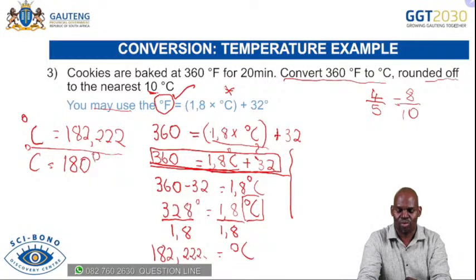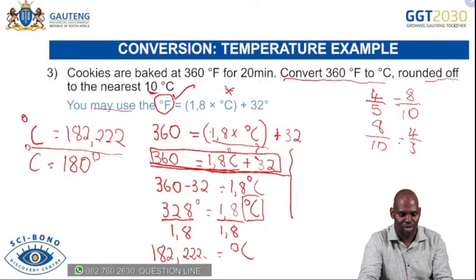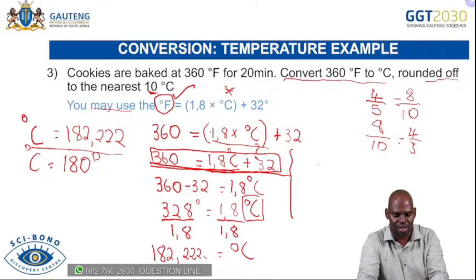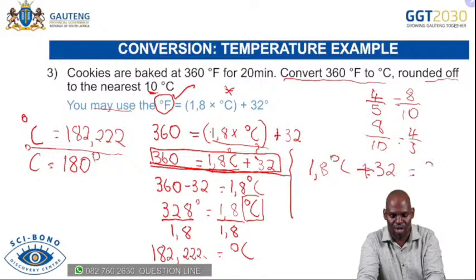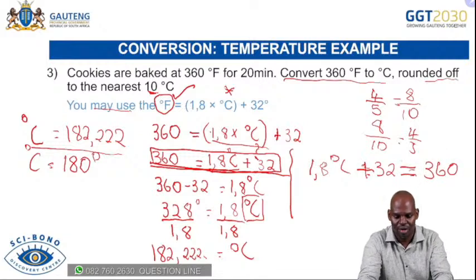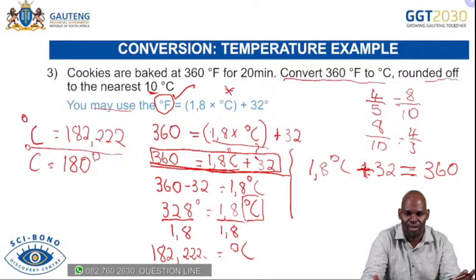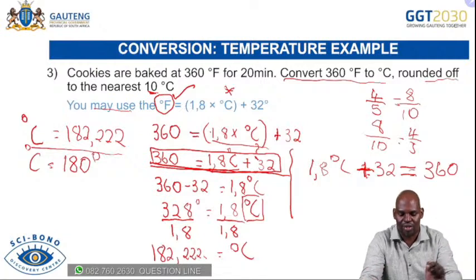It doesn't matter even if I say 8 over 10 equals 4 over 5. These are the same. So I can simply say 1.8 degrees Celsius plus 32 equals 360. This is how I like it.